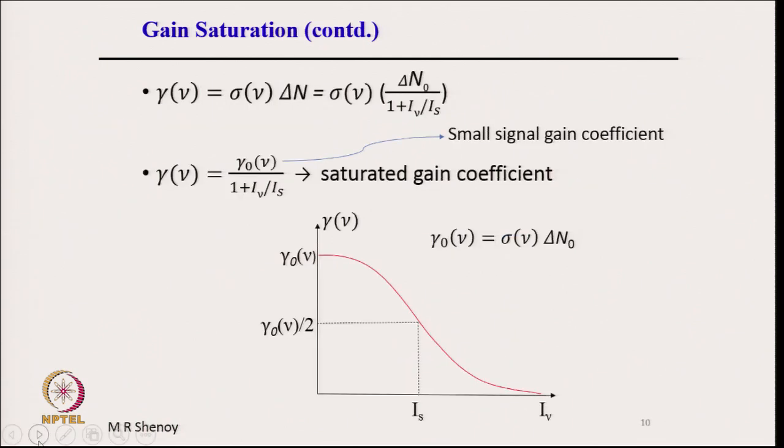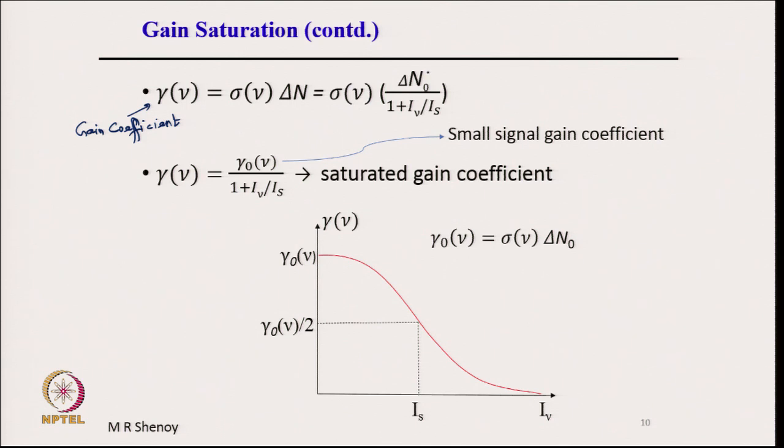and therefore gamma of nu, that is the gain coefficient. So gain coefficient gamma of nu is equal to sigma of nu into delta n. We have already derived this, and sigma of nu into, now we are substituting for delta n 0 divided by this.